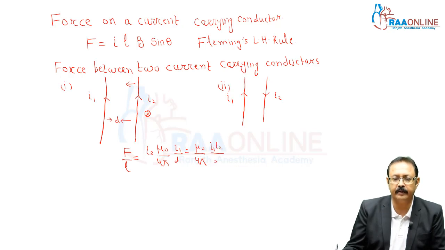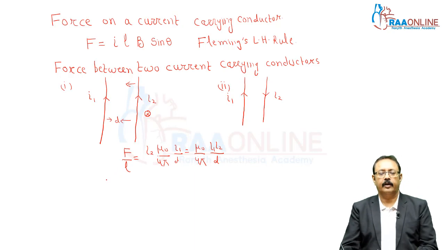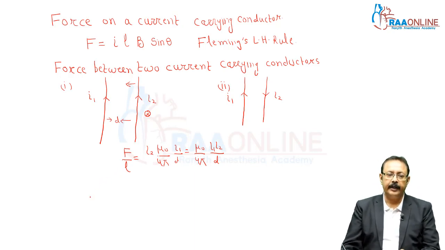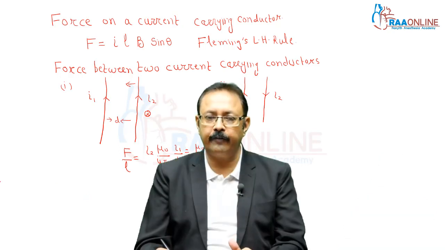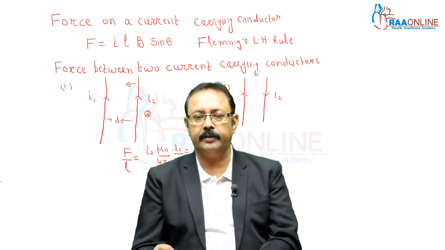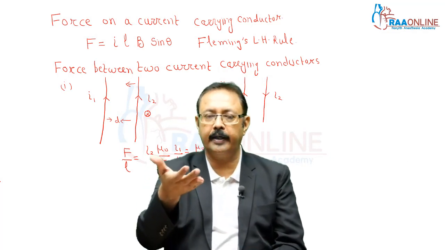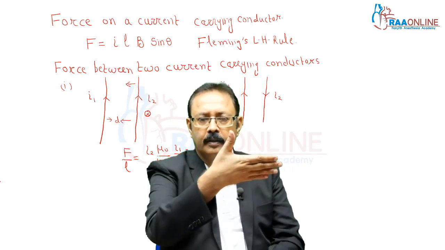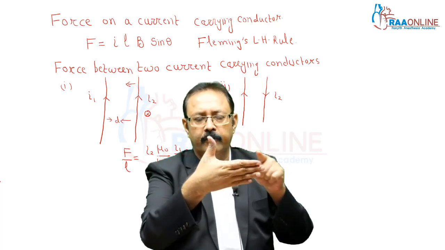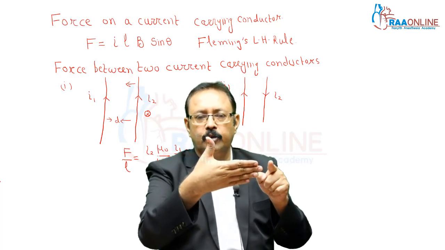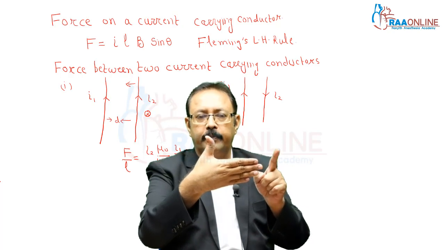In the same manner, now we will check in what direction the first conductor will feel force. Now, that magnetic field is due to the I2 current. Now I am using my right hand again. Thumb in the direction of current, fingers pointing towards the point where we want to calculate the magnetic field.